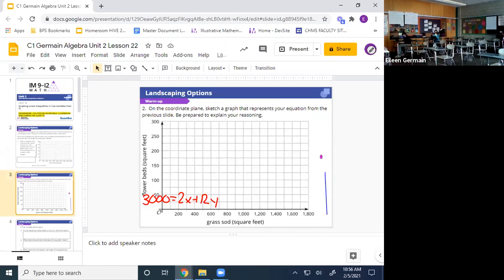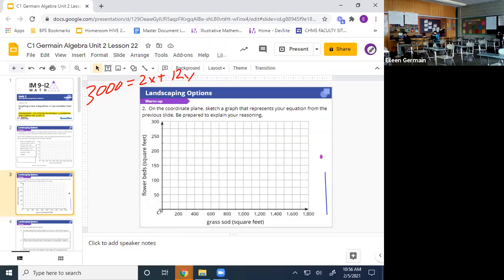Okay. Now we use the graph. This is sort of your choose your own adventure piece. So we have to graph the equation 3,000 is equal to 2x plus 12y. This is a standard form equation.